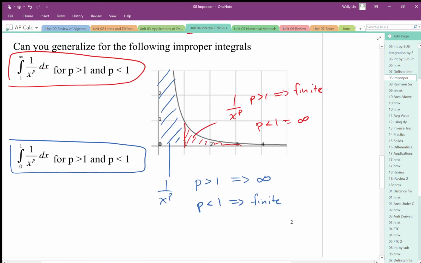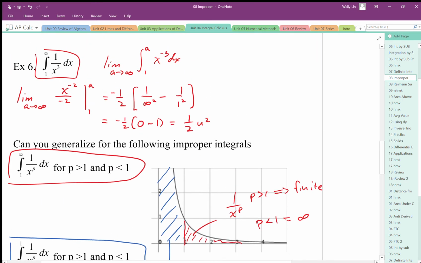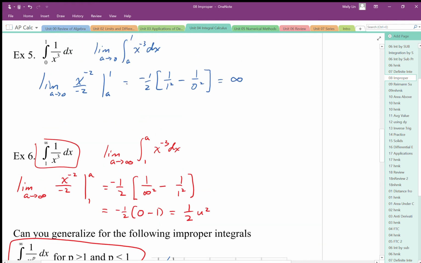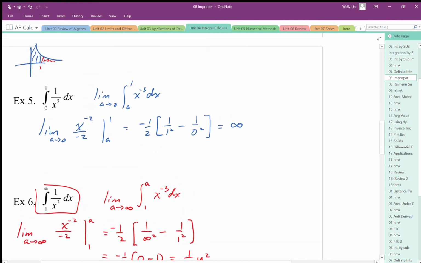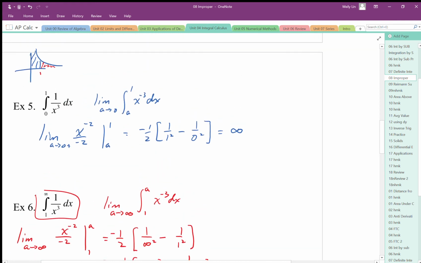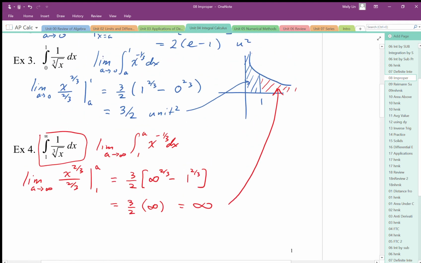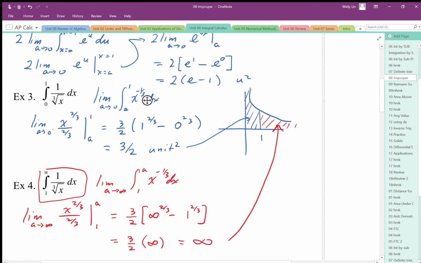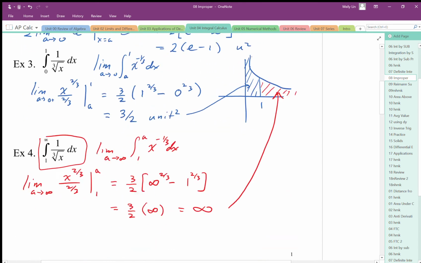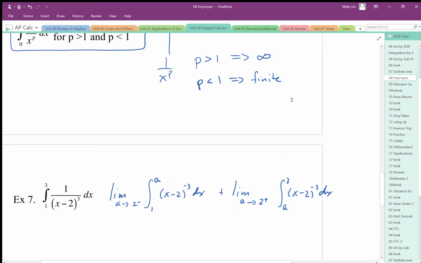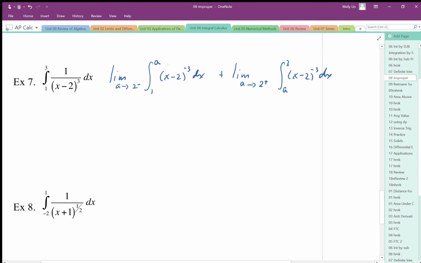I probably should have been a bit more specific about this one too. These ones we're going to 0 from the positive side, and this one here, 0 again, we're going to 0 from the positive side. We really should have made those one-sided limits, because they're going to the asymptote from one side in particular.